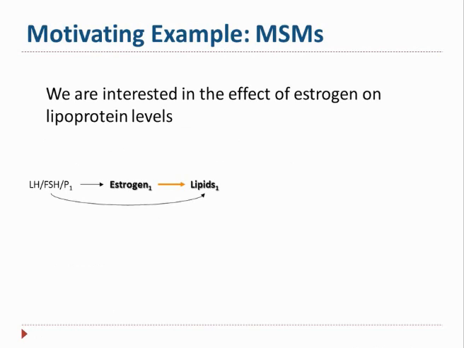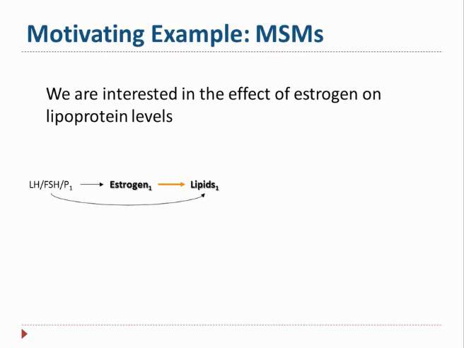And how I kind of got into this causal inference realm was being interested in the effect of estrogen on lipoprotein levels. And I'll walk you through a DAG that we built that made it clear that we needed marginal structural models to estimate the effect. And the interesting thing about the effect of estrogen on lipids is they noted in the Women's Health Initiative trial that the women on hormone therapy had lower cholesterol levels than the women who didn't.